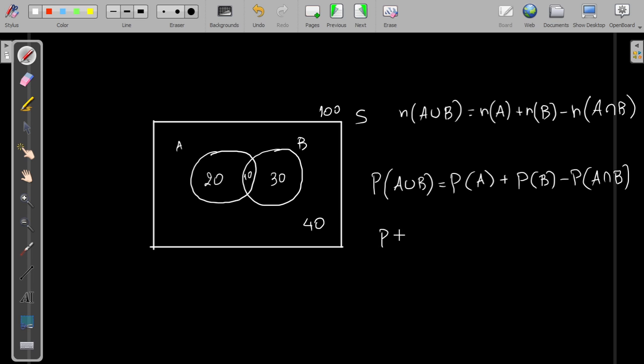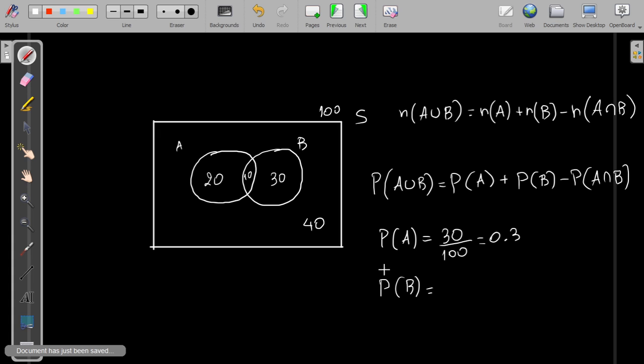So the probability of A is how many elements all the A set has? 20 plus 10, so it is 30 over 100, which is 0.3. The probability of B, all my set, is 30 plus 10, which is 40 over 100, which is basically 0.4.